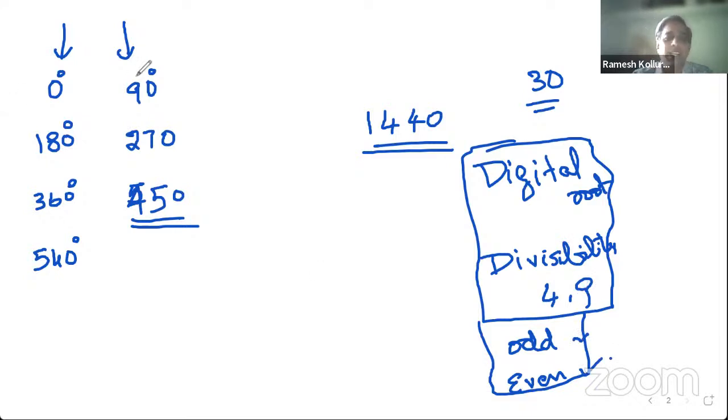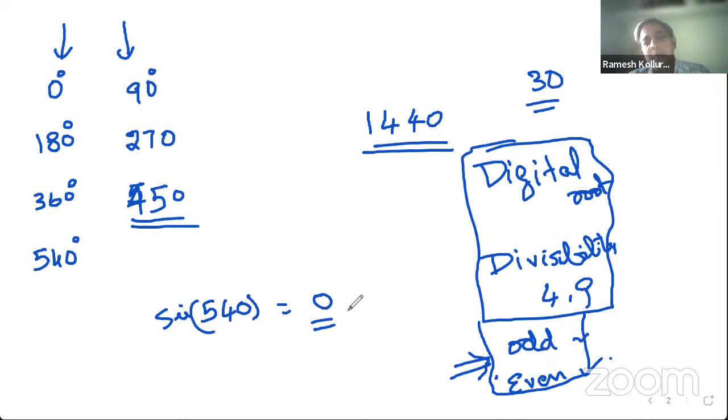So what you can observe here, can you see something related to this here? 0 and 90 degrees. If sine 540 is given, immediately I will write 0. Why? Can anyone guess, using these three concepts, why 540 is 0? Right?